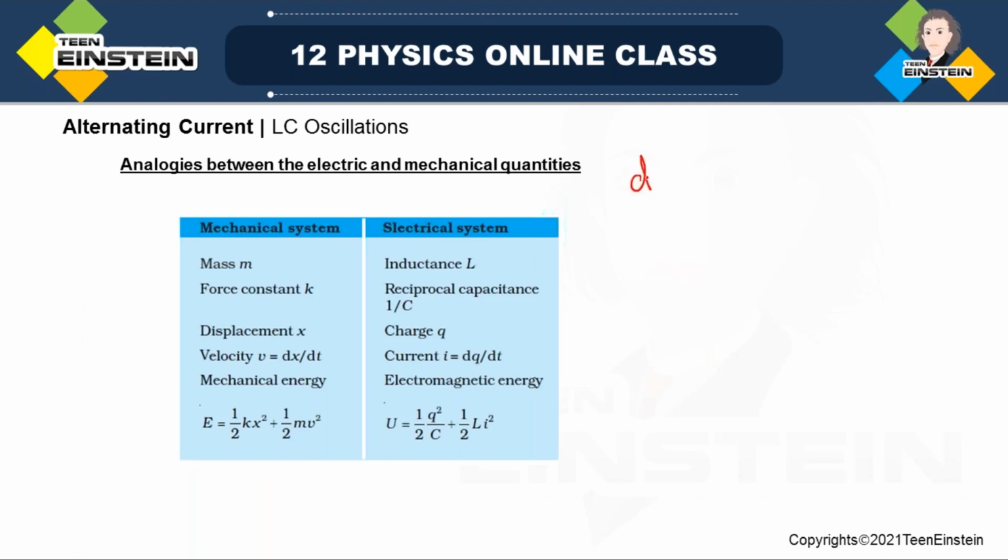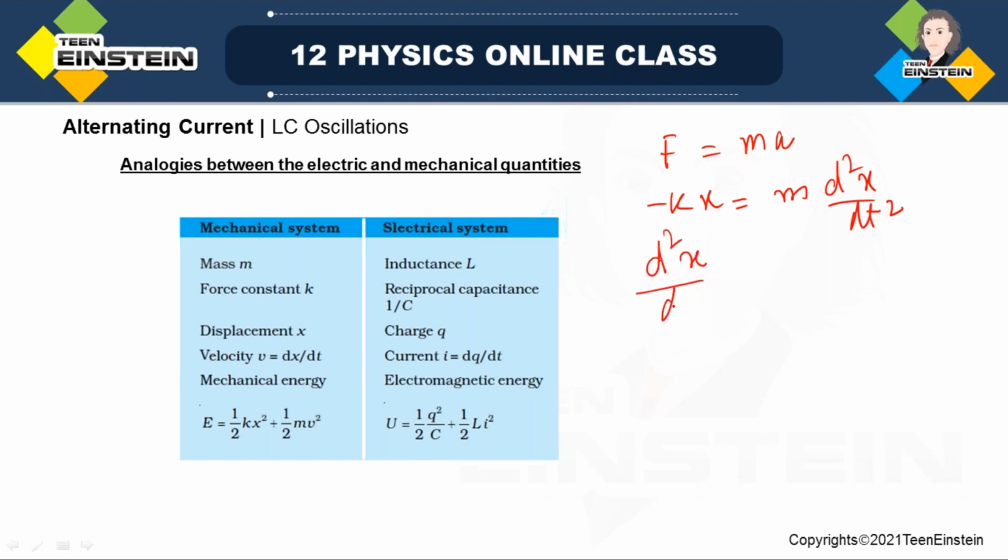I'll just write down the equations of motion for the mechanical system. Look, we know F is equal to m into a. F is minus kx, and I write a as d2x by dt square. So if you want to write this, you will get minus k by m into x.